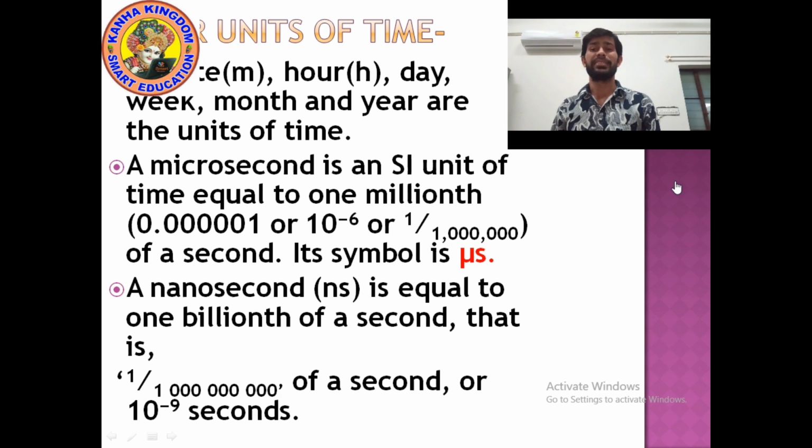So, how many seconds are there in a nanosecond? 10 to the power minus 9, or you can say 1 upon 1 followed by 9 zeros, or you can write 8 zeros and then 1.